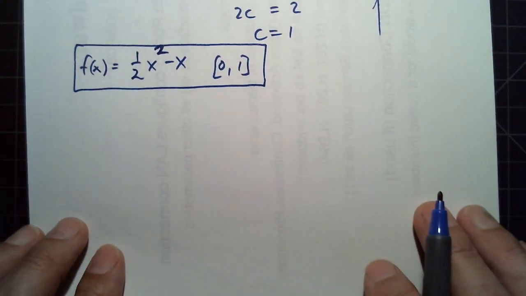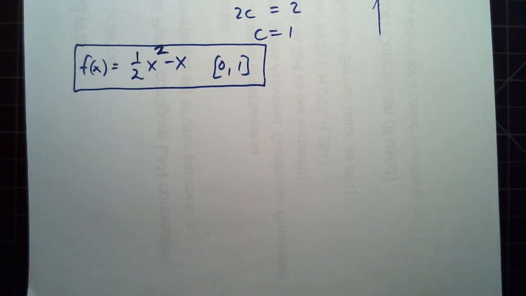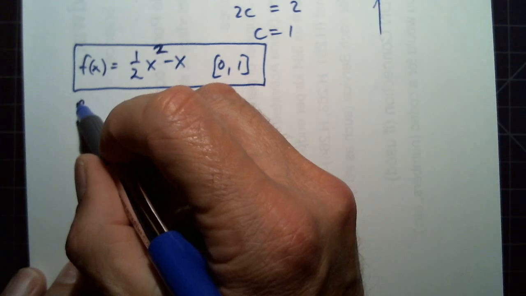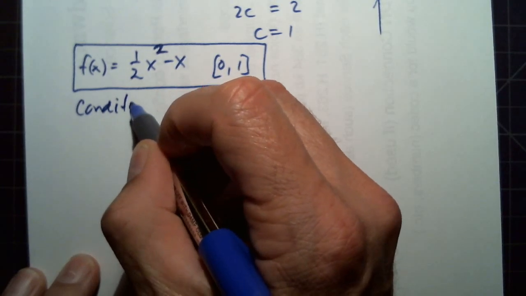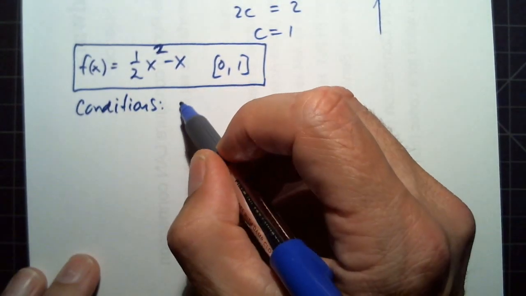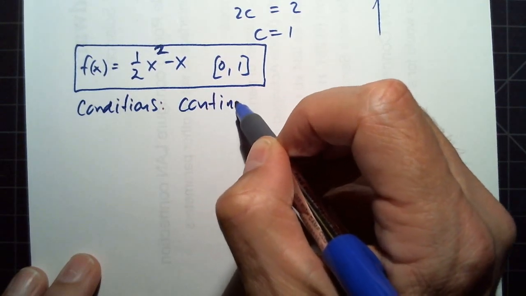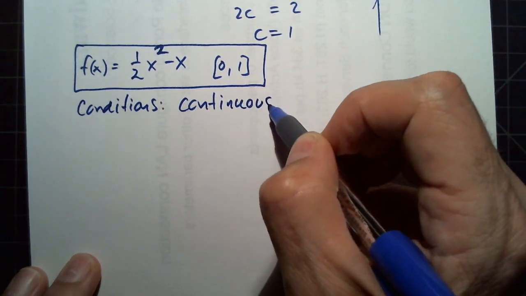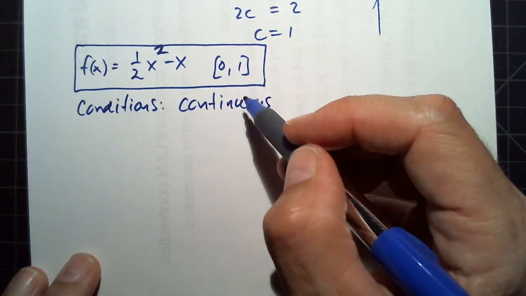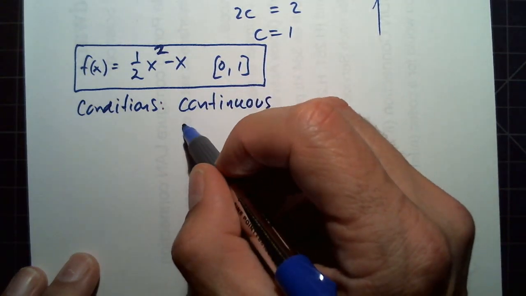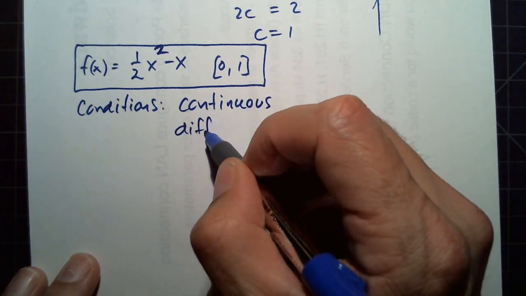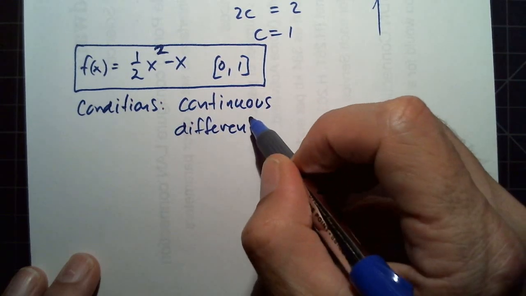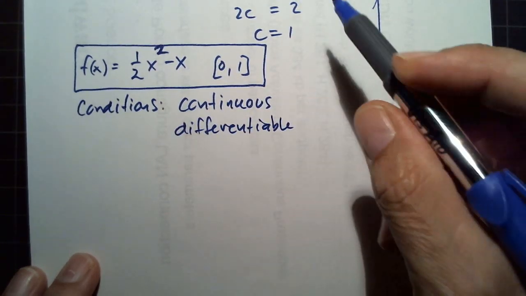Alright, same question. Try it with this function on that interval. Pause the video. And let's think about the conditions. Continuous. Is the polynomial continuous? Yes. Is it differentiable? Yes.